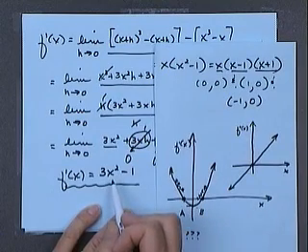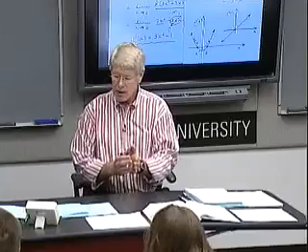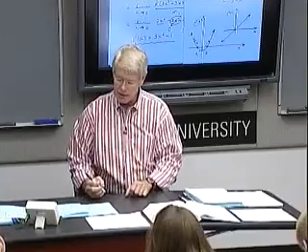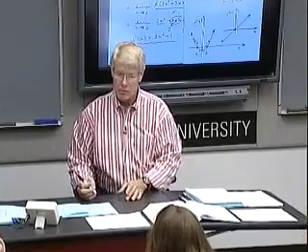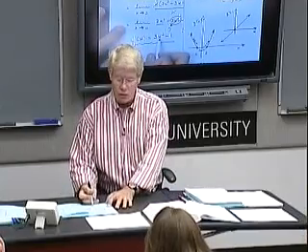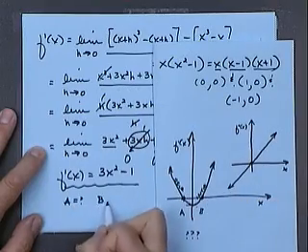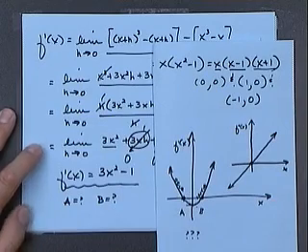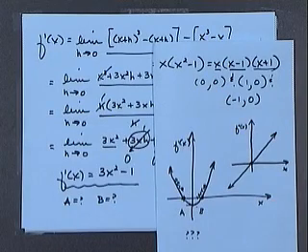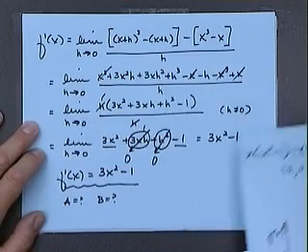And then 3x squared means it's a parabola that opens upward that's a little skinnier. Mine probably looks a little fatter than it should be, but that's certainly the right shape. Now I said once we had this, could we find out what A and B actually are numerically? Set it equal to 0, right? We want to know where the f prime graph cuts the x-axis. Where is the f prime graph equal to 0?